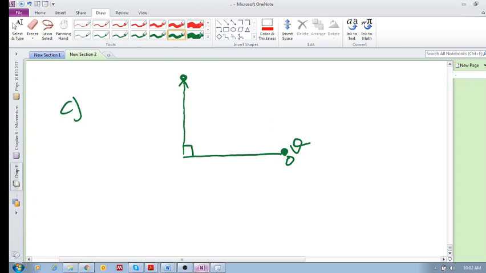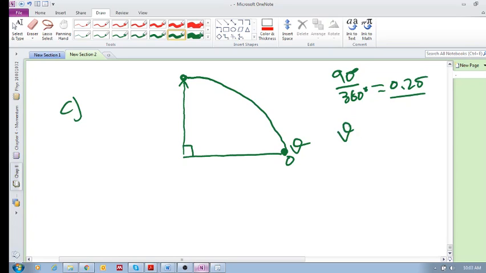So we already know that if you've traveled 90 degrees divided by 360 degrees, that gives me 0.25 of a revolution. So if I want to know what my rotational coordinate is, I can say 0.25 times 2 pi.